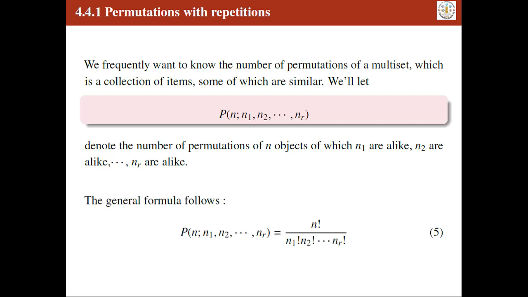The general formula follows: P(n; n1, n2, ..., nr) equals n factorial divided by n1 factorial times n2 factorial times ... times nr factorial.